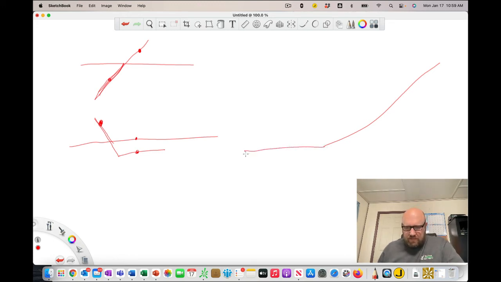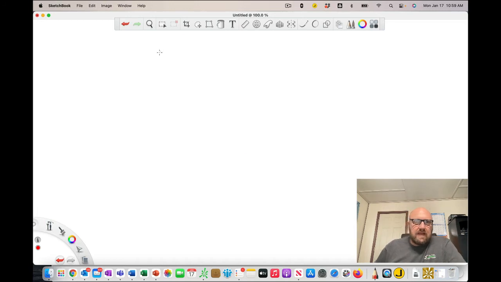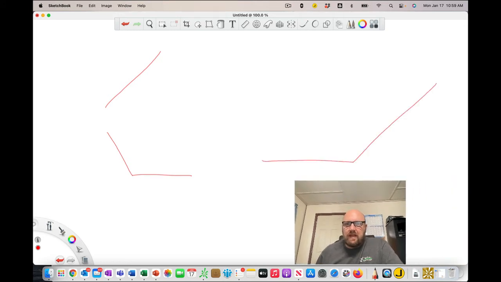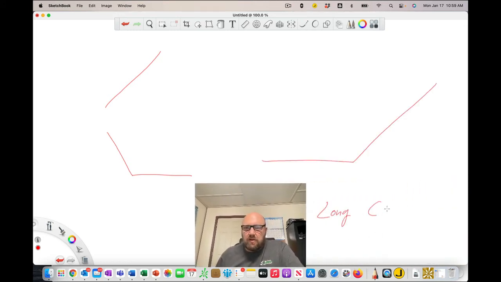Let me draw that again. If we take a long stock and a long put and add those together, this is the same as a long call. Here's a long put, and this is long stock. So owning stock and marrying a put to that gives you the same profit graph as a long call.